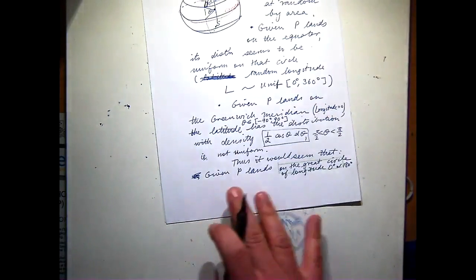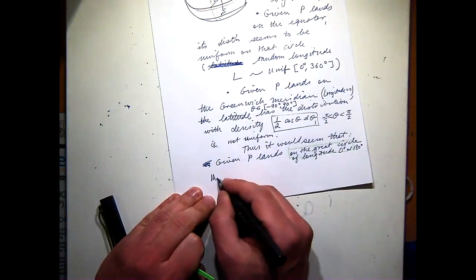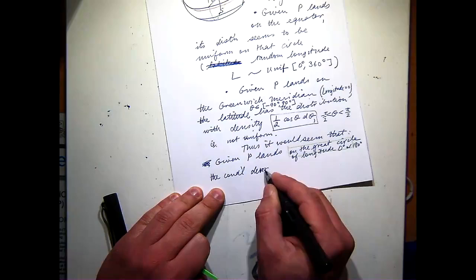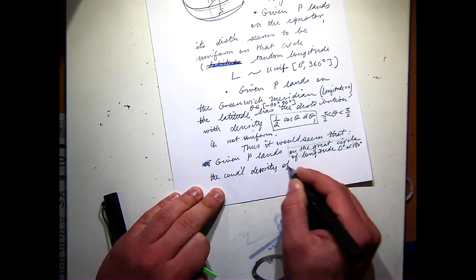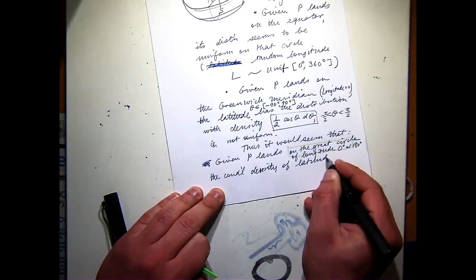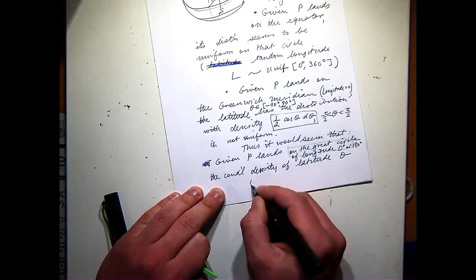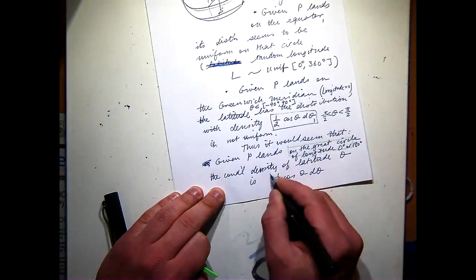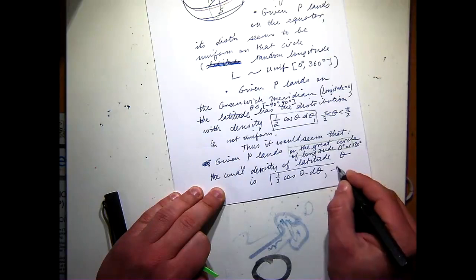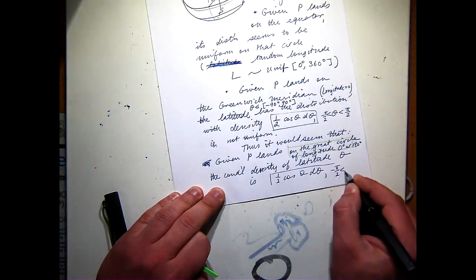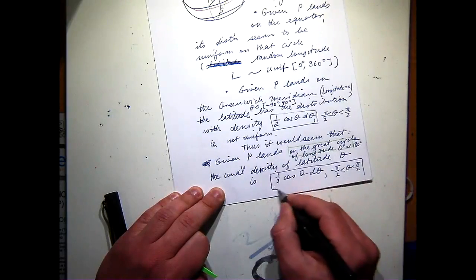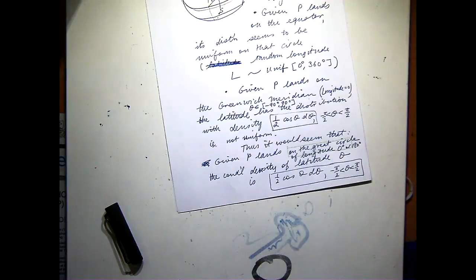So given that your P lands on it, well, it's the same on the front and the back. The conditional density of latitude theta is, once again, half cosine theta d theta, the same conditional density, for theta between minus pi over 2 and pi over 2. And you would be 1/2 likely to land on the front versus the back.